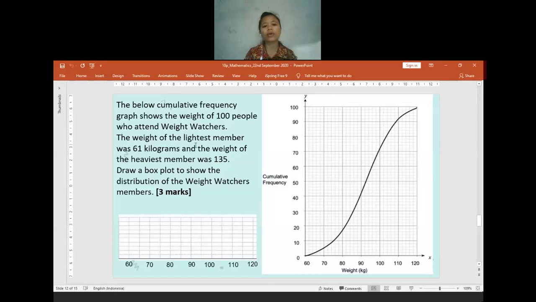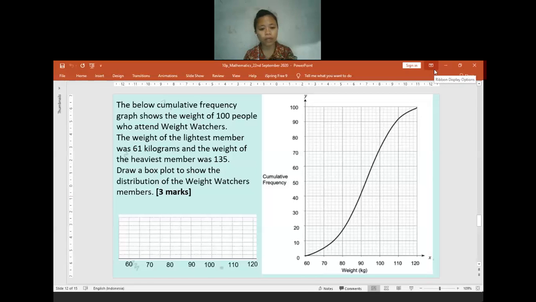For the Cambridge paper also we have this kind of question. So for finding in here we already have the lightest member, it will be 61 kg, so we can plot where is the 61. This is not really a proper range. Later on you can make a proper range because I just want to make the space fit enough for one slide, so we don't have to scroll up and down to read the question.